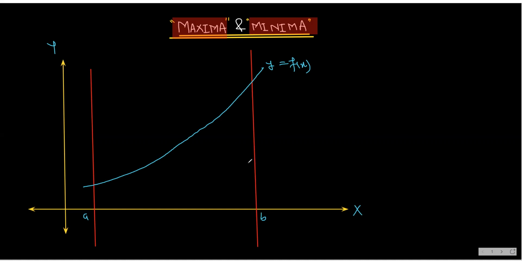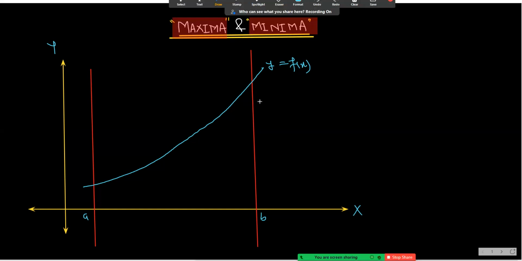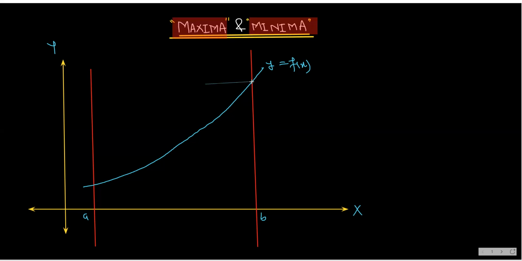But remember, this function has the maximum value in the interval a to b as this. See, this is the maximum value of the function in the interval a to b, and here this one is the minimum value.